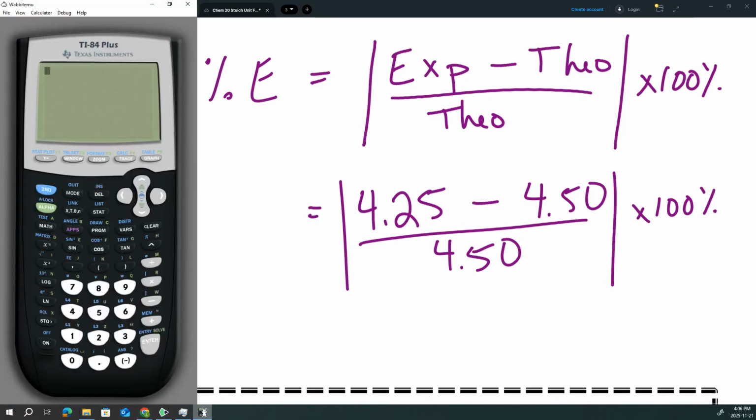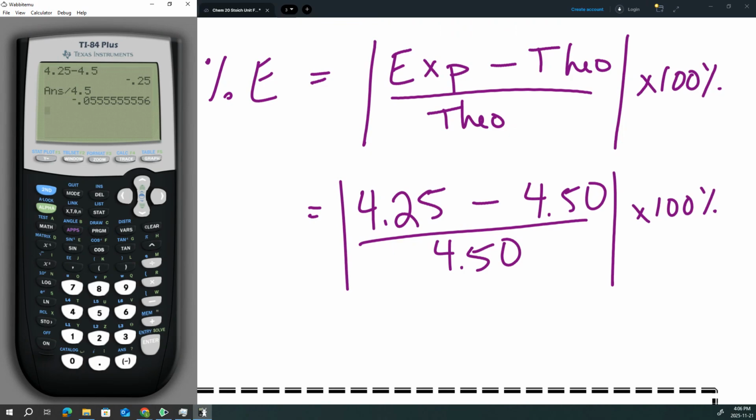So if I put that into my calculator here, 4.25 minus 4.5 divided by 4.5. Okay, and remember that absolute value signs will take whatever answer you get and make sure that it's positive.